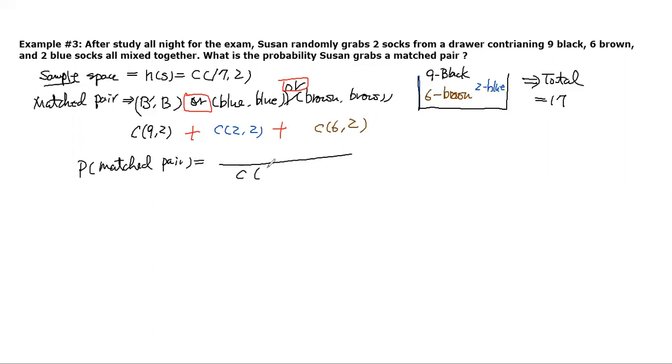The sample space is C(17,2). Then a matched pair could be C(9,2) plus C(2,2) plus C(6,2). Then you can put all this into the TI calculator, and I got 13 over 34.